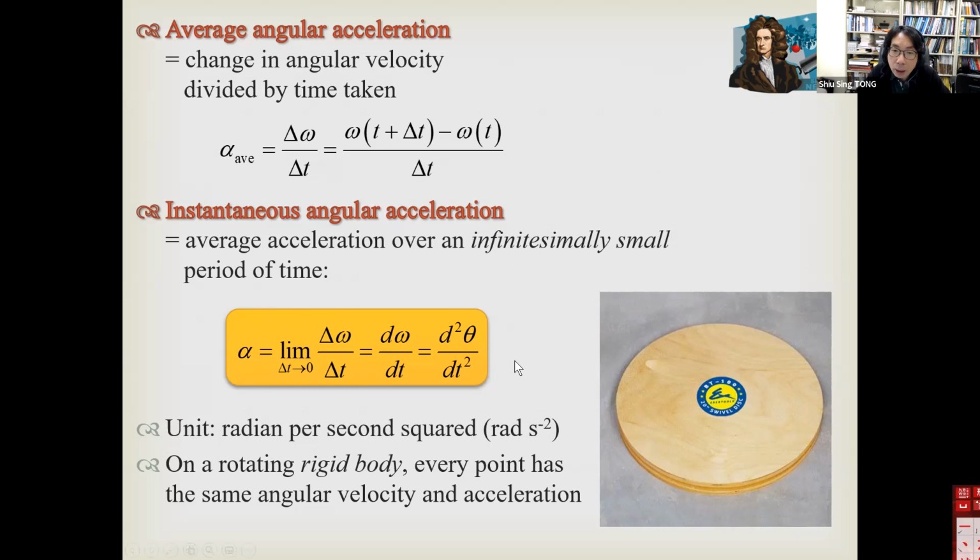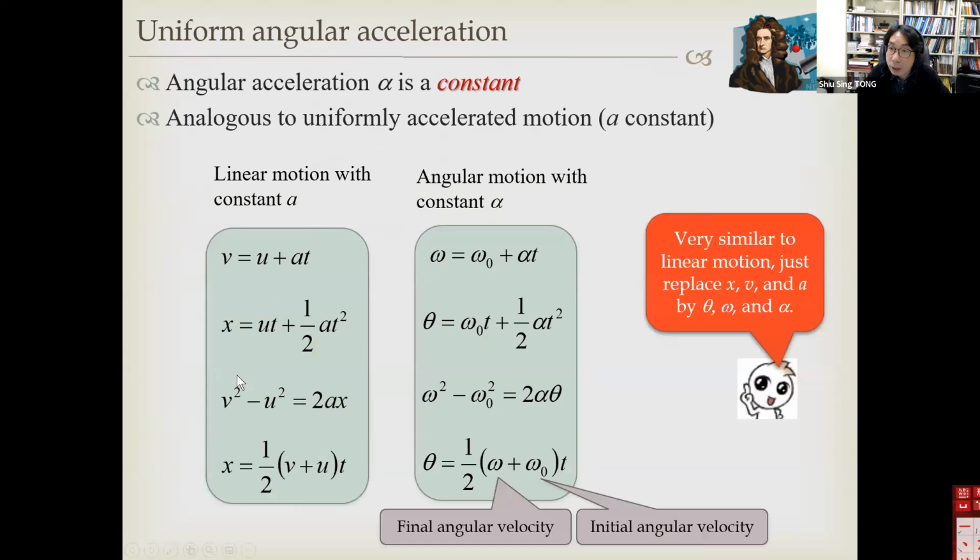Now, in the next lecture, we are going to talk about the similarity between the linear motion and the angular motion. For the special situation where the angular acceleration alpha is a constant, we can essentially copy the linear motion formulas to the angular case, because the mathematical structure of the linear quantities and the angular quantities is almost identical.